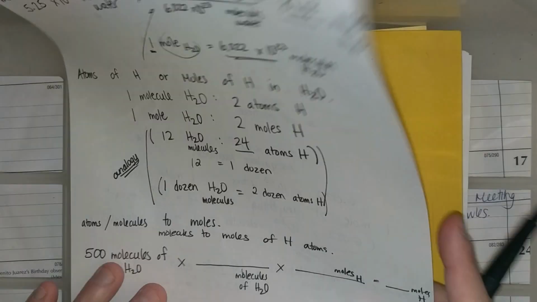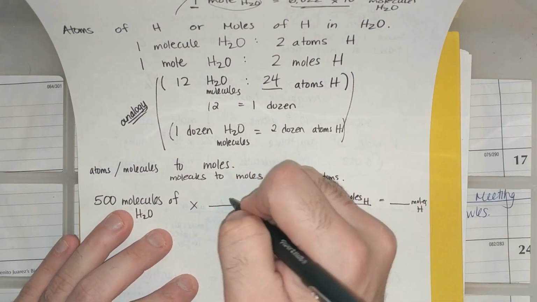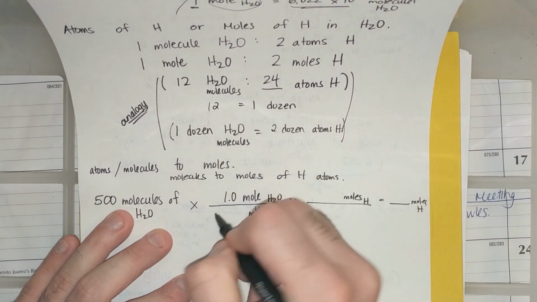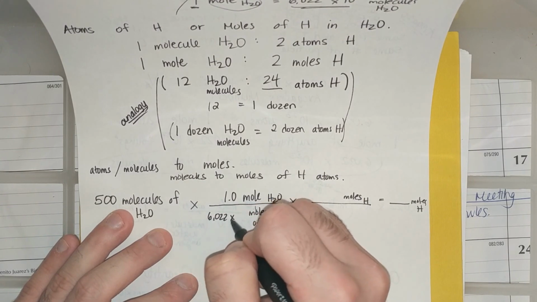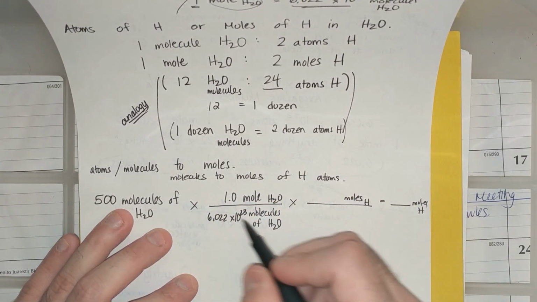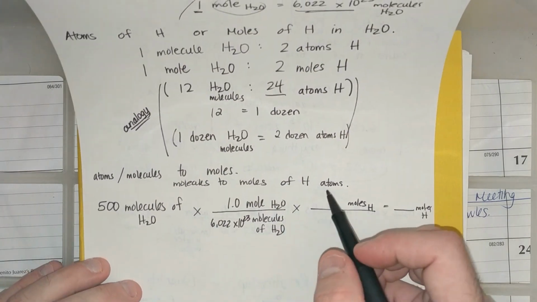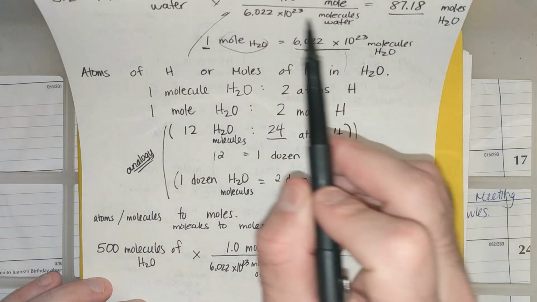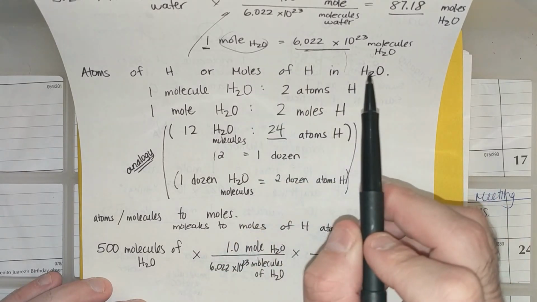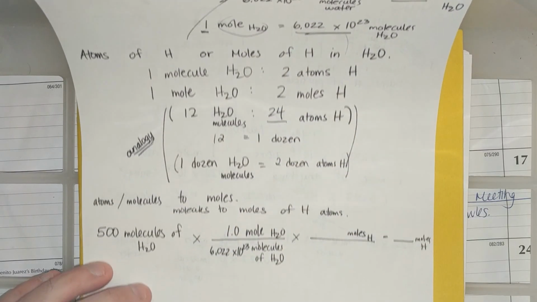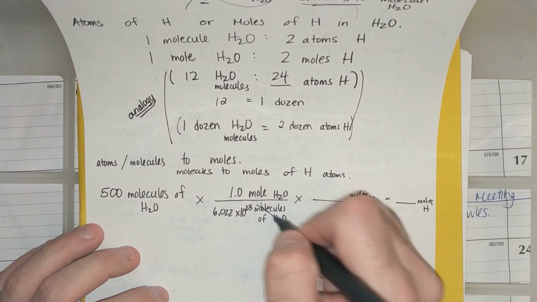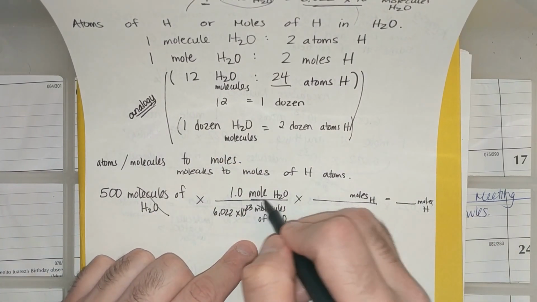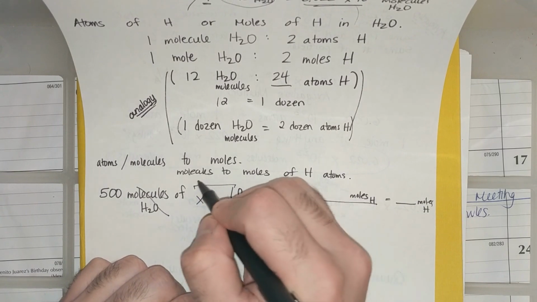Let's be consistent and say 1 mole of H2O is 6.022 times 10 to the 23rd molecules of H2O. I know that for sure is a relationship. Again, if I have a mole of H2O, I have 6.022 times 10 to the 23rd molecules of H2O. So I'm going to put that here. These units are going to cancel out, and I'm going to be left with a unit of moles of H2O.